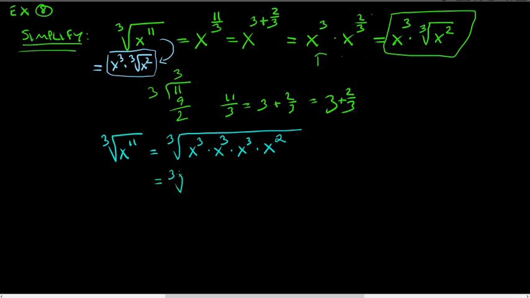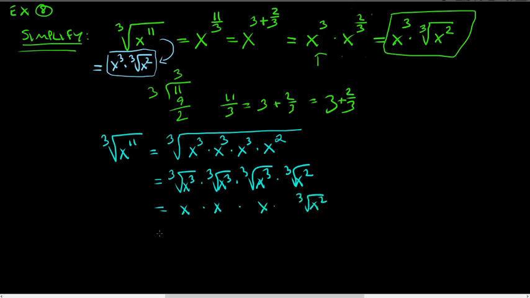This is the cube root of x cubed times the cube root of x cubed times the cube root of x cubed times the cube root of x squared. And this is just x times x times x times the cube root of x squared, and x times x times x is x cubed times the cube root of x squared. So notice we get the same answer.